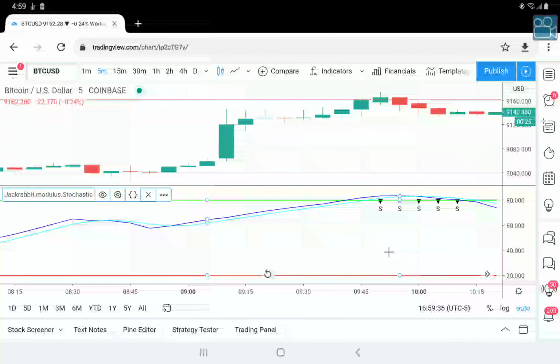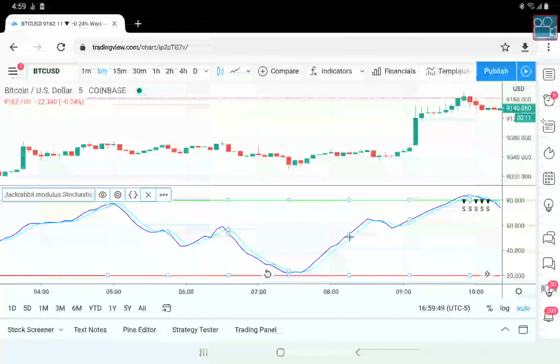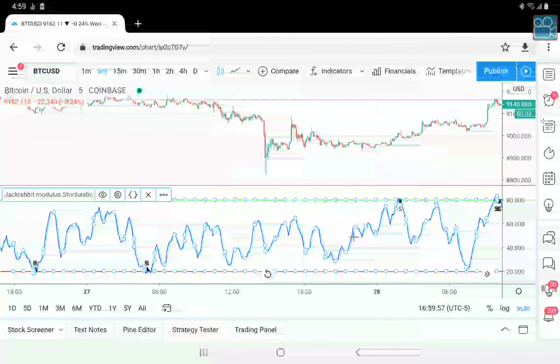Stochastic and RSI are very similar, and in many places they can be used interchangeably. Whereas RSI is a slower indicator to react to the market, stochastic is a faster reaction time. That may work against it in many times.